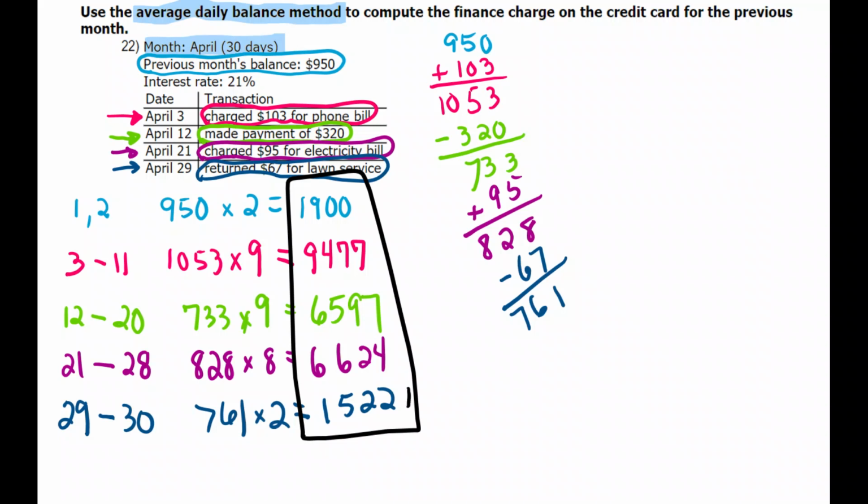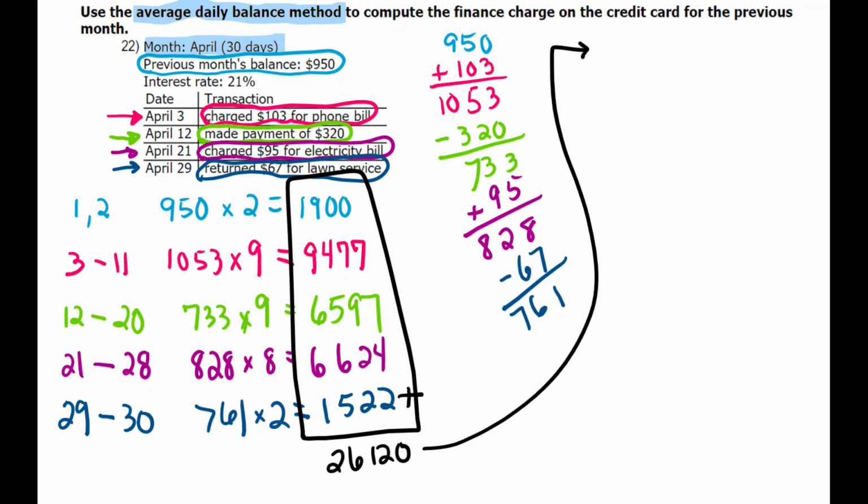And now I'm going to take all of these. This represents all 30 days of the month. All 30 days are covered. I just use multiplication to do it instead of having to add 30 numbers together. All right, so this total is 26,120. So what I'm going to do now is find the average daily balance.